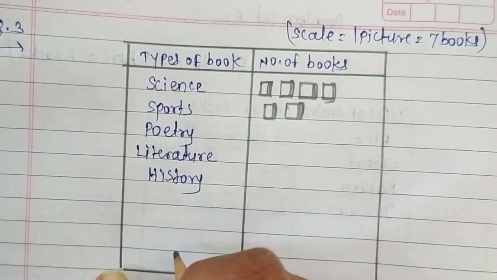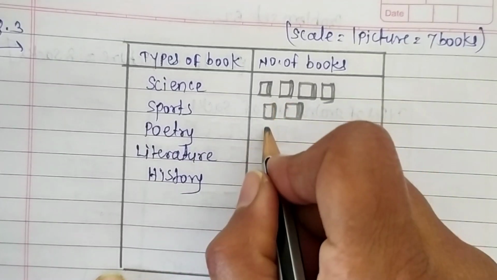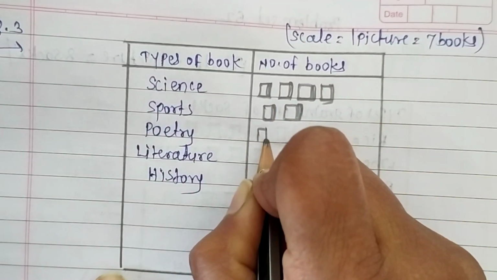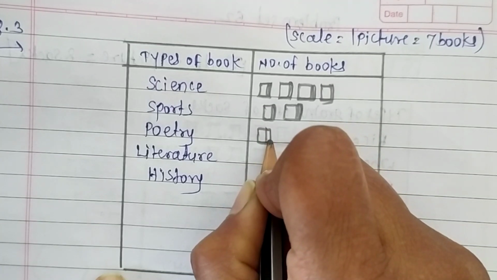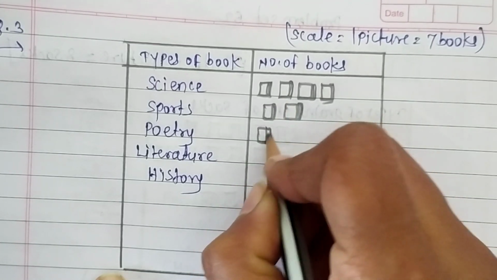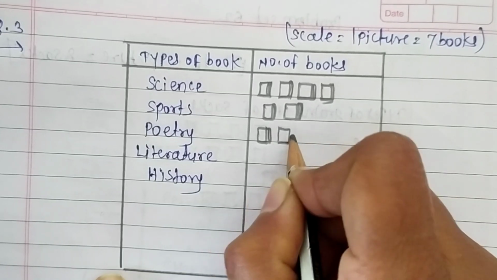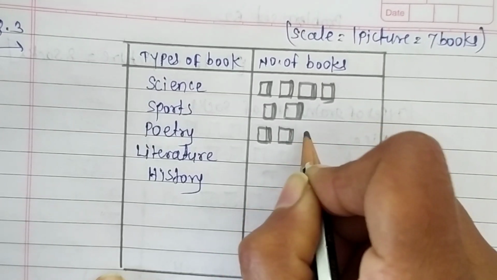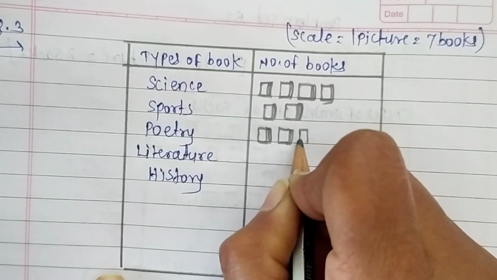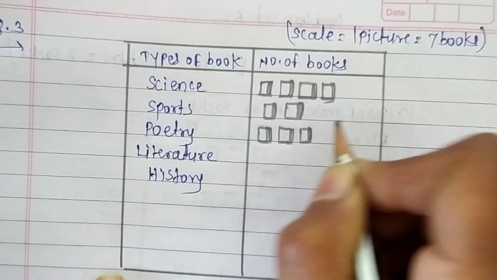Now poetry, for poetry there are 3 pictures of books and the number is 21. So we draw only 3 pictures. 1, 2 and 3.